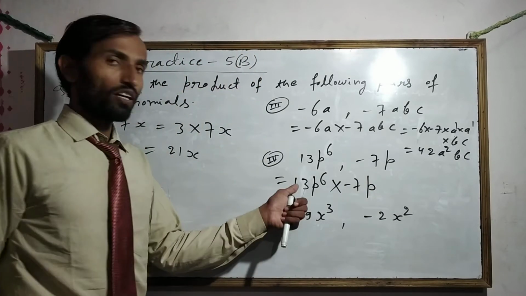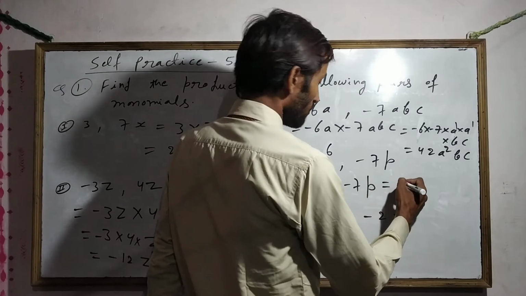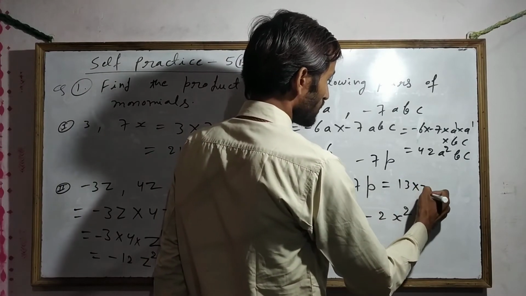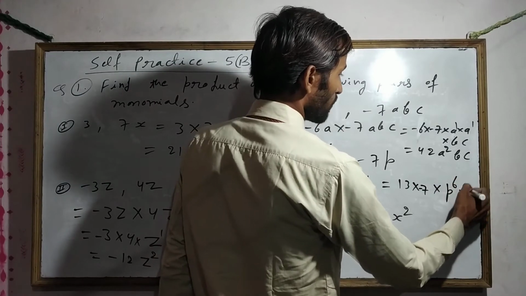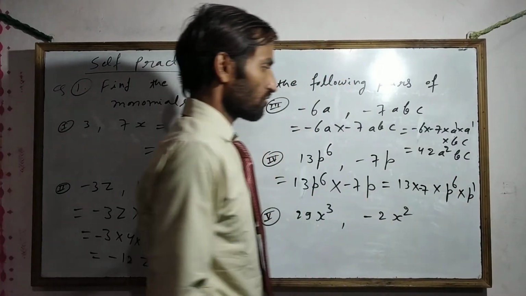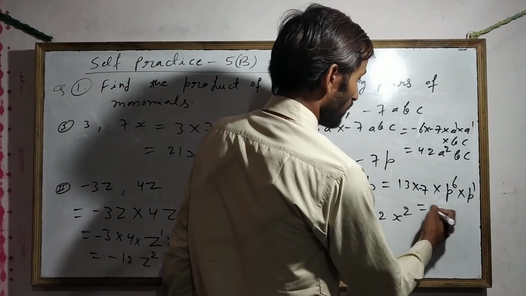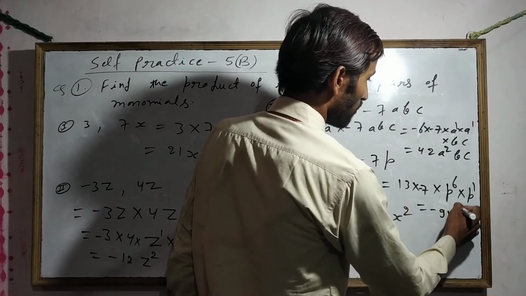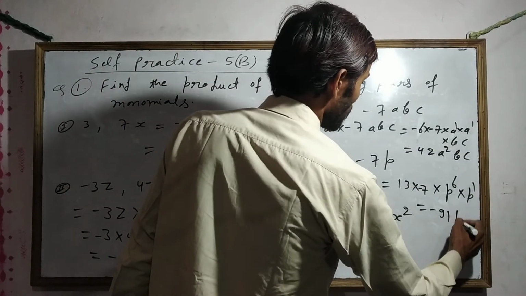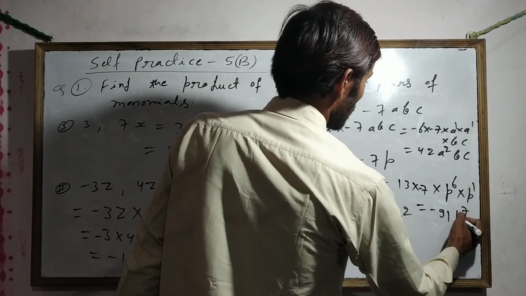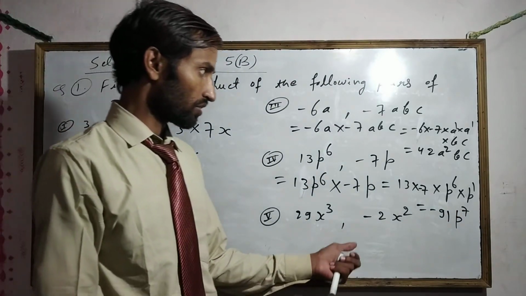Multiply number to number, 13 into -7, and then p power 6 into p power 1. 13 times 7 is 91, so -91, and p power 6 plus 1 is 7. So the final product is -91p power 7.